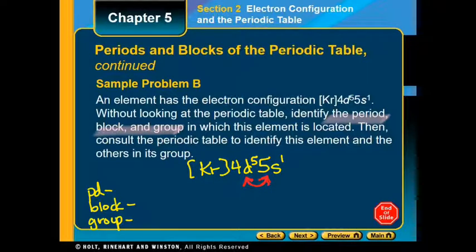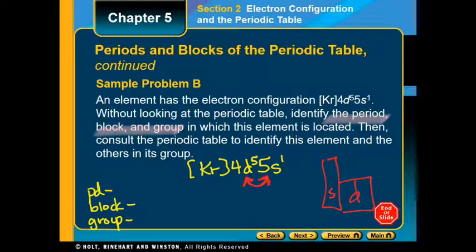Okay, so this has been switched around, but I'm going to show you if you just have a d and s sublevel listed at the end, no p sublevel at the very end, so just d and s. Remember, s does fill up first in the periodic table, then d. So if those are the only two appearing at the end of your configuration, you have to have something within the d block.